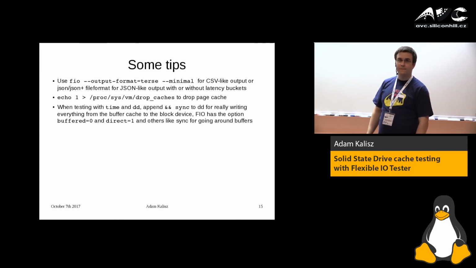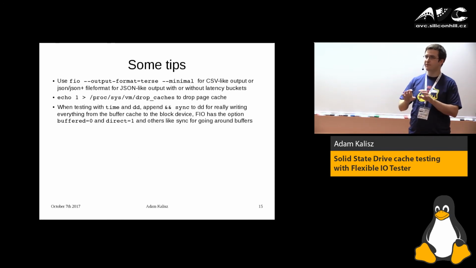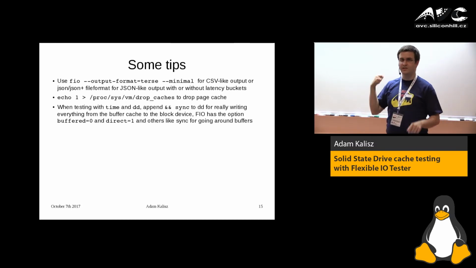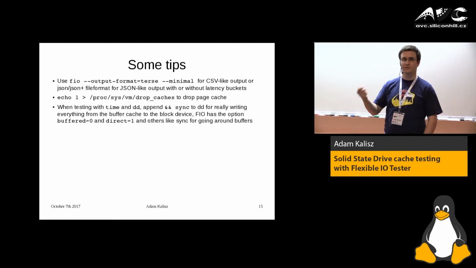Before the testing, you can drop your caches. You should read into that, so you have repeatable testing. Just to get a hang of the performance beforehand, before you use FIO at all, you can use time and dd to just verify the access patterns.